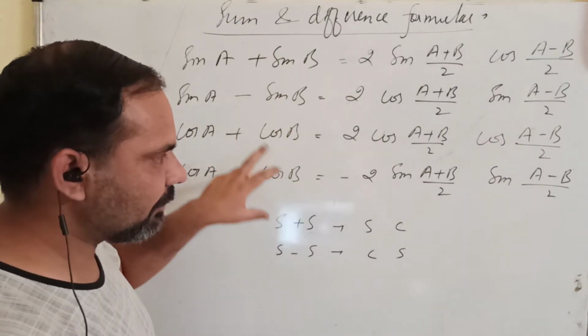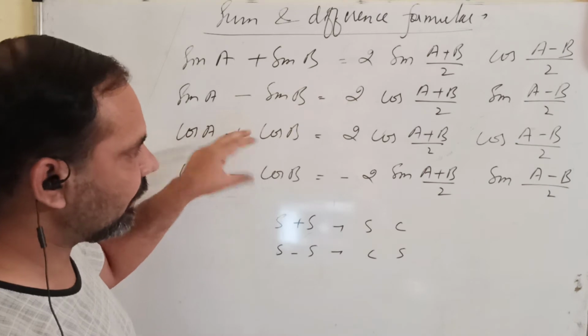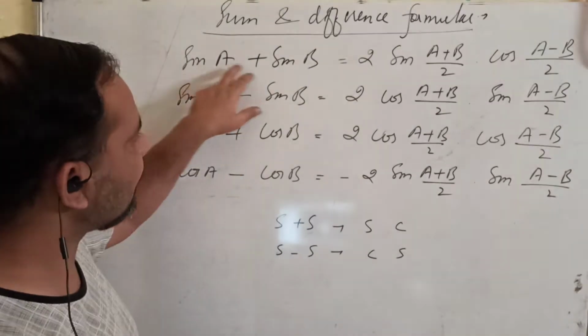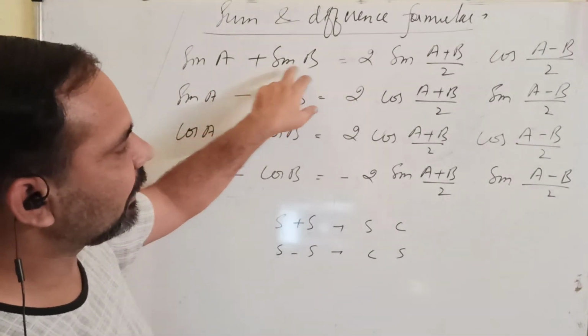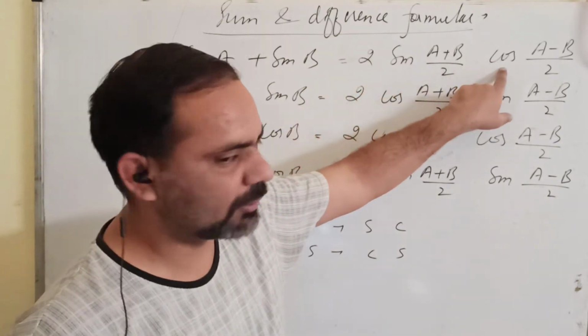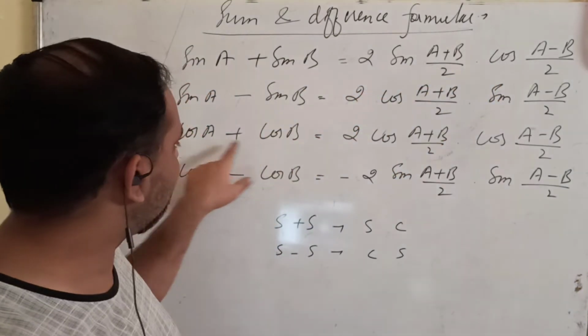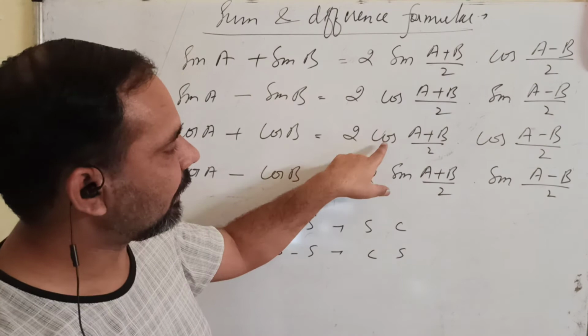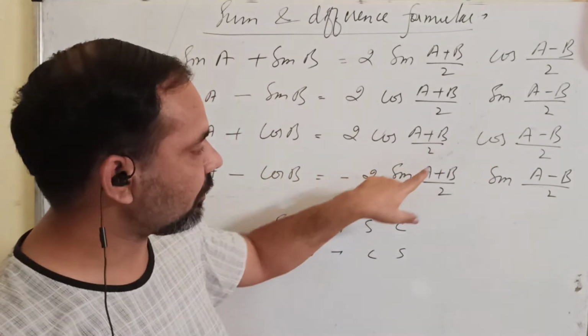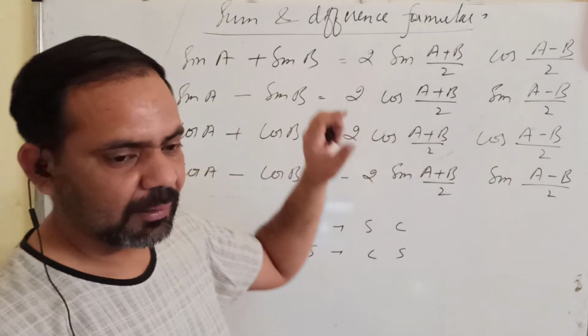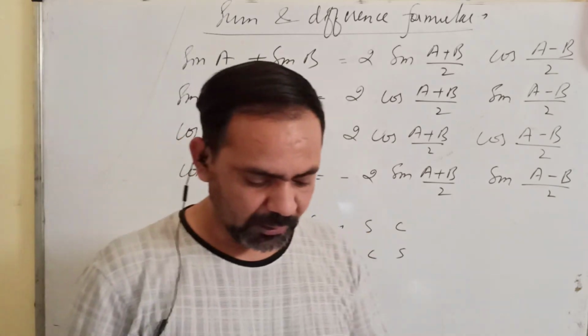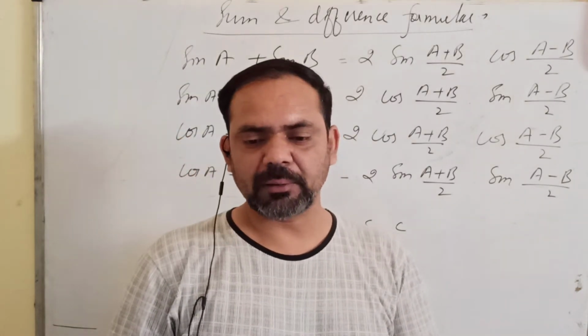You must have observed this trend in previous formulas also, that when sine and sine are there, then one term is sine and the other is cos. When you have both of them as cos, then both the terms will be either cos or sine. Means if you have sine ratio, then one term will be sine and one term will be cos.